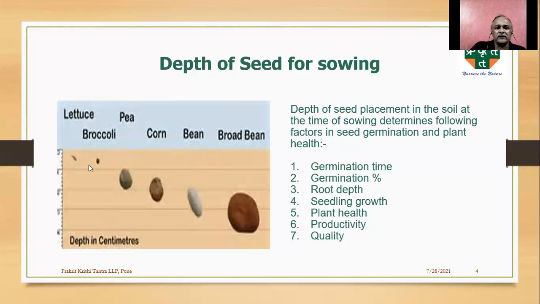Similarly, in the beginning, if it is deeper, germination percentage may be less, as I have told. And if you place a bold seed too near to the surface, then root depth will not be proper. So it is all collectively together to understand that the size of the seed determines the depth of the seed placement.